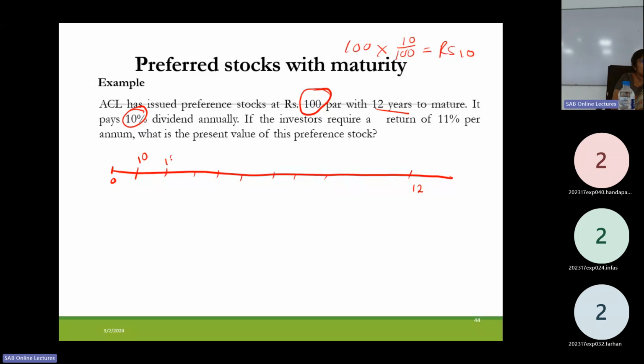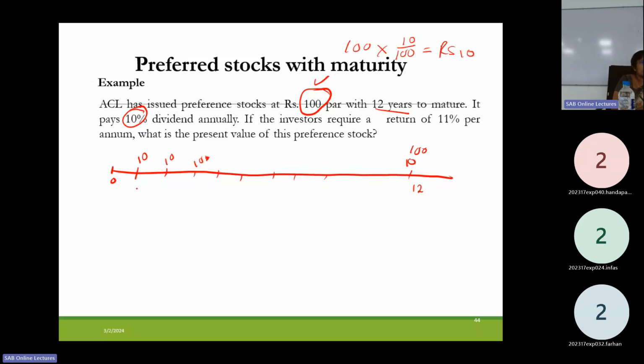At the end of year 1, end of year 2, and likewise for 12 years, you get 10 rupees. At maturity, at year 12, in addition to this 10, you will get the face value also. So these are the expected cash flows.